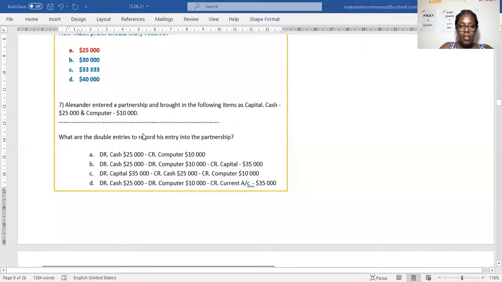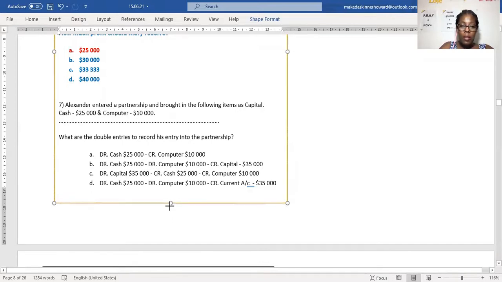Number 7, the last and definitely not the easiest question. So they said Alexander entered a partnership and brought in the following items as capital. He brought in cash, 25,000, and a computer valued at 10,000, probably an Apple or something, right?